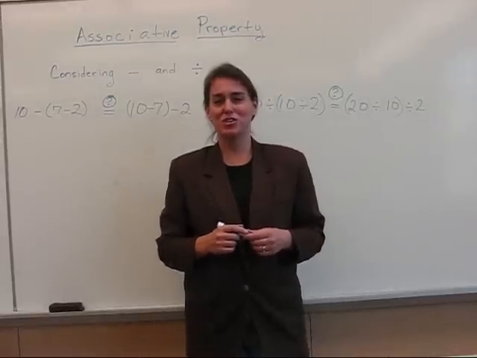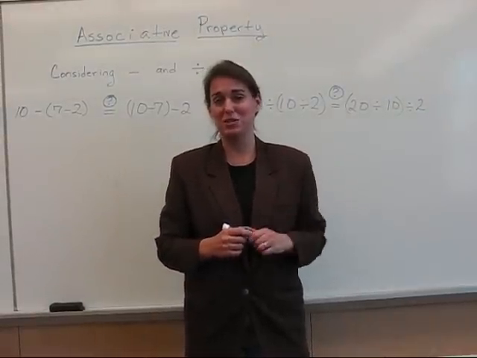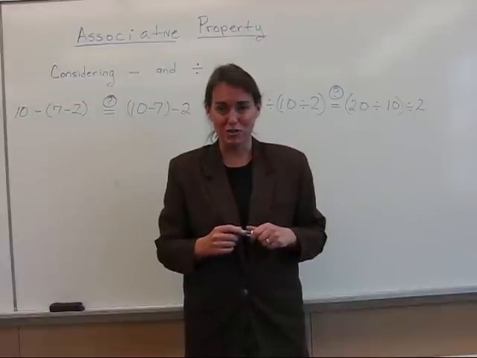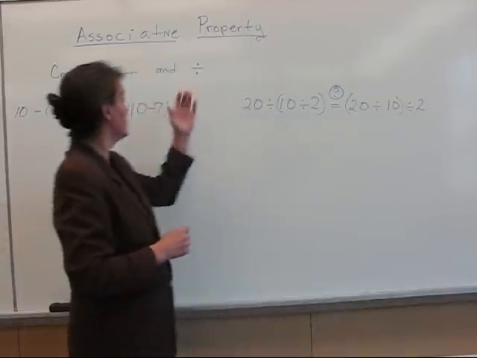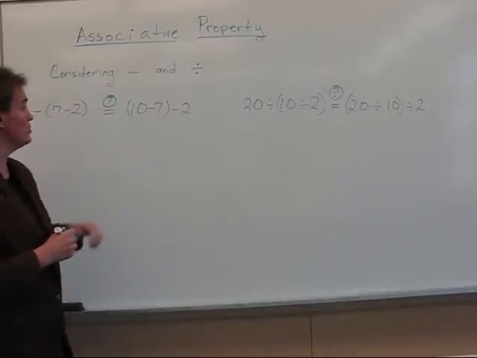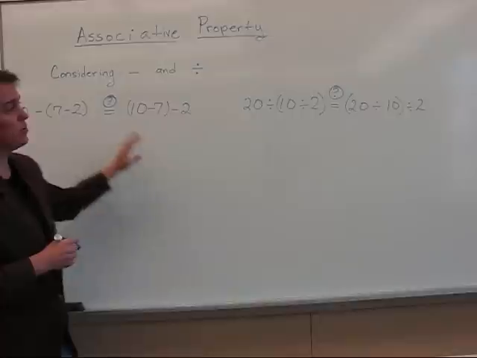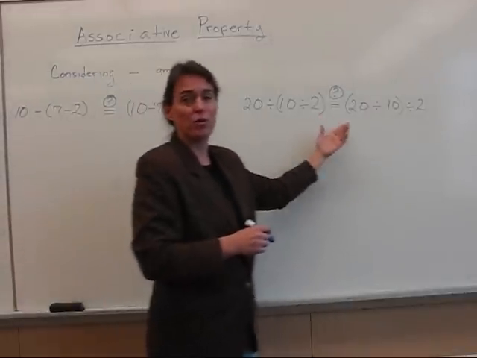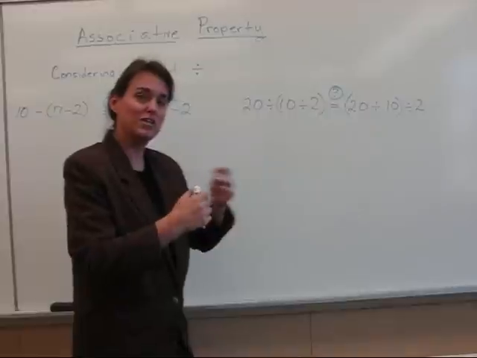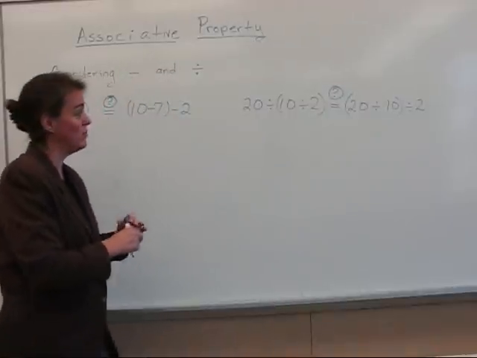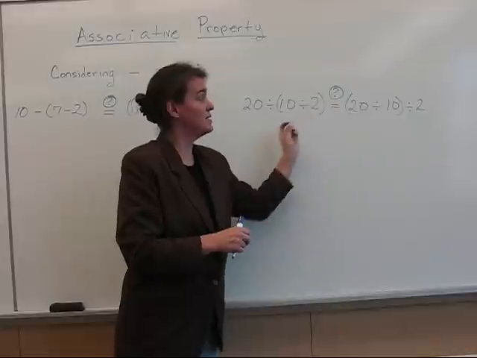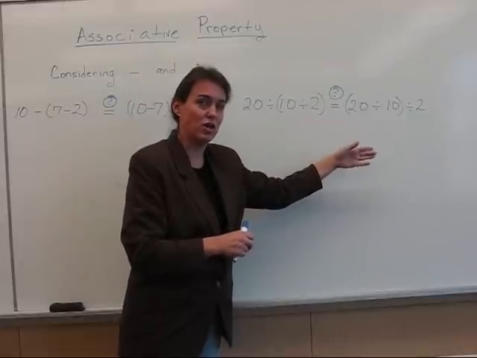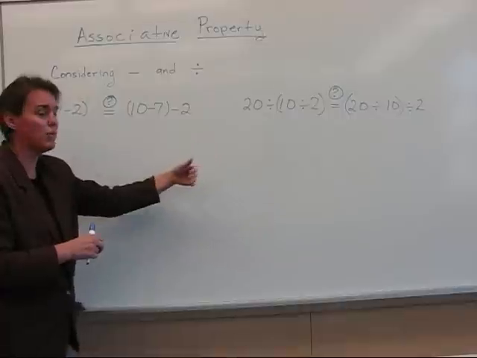In looking at the associative property, we've considered addition and multiplication, and we've seen it to work for those two operations. So let's also consider subtraction and division. I've put a subtraction problem and a division problem up here with a question mark over each equal sign because we're checking to see if it works here as well. Same numbers on both sides, same operations for each, all the way through for each of these two problems.